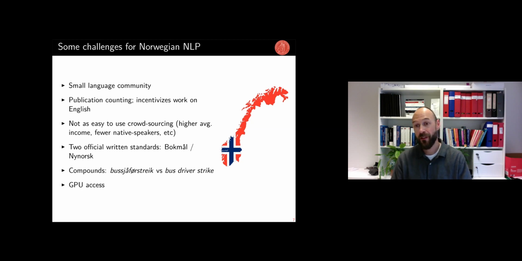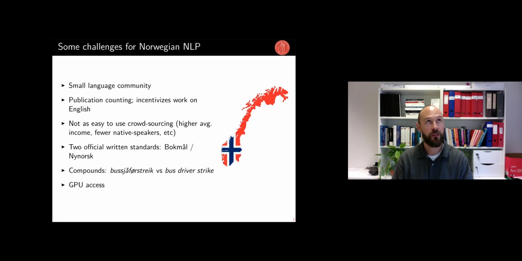And one obvious reason, of course, is just the simple fact that we're a small language community. That means for fewer people using Norwegian, we create fewer resources. There's less online text. Also, fewer people just working on it, fewer funding opportunities.